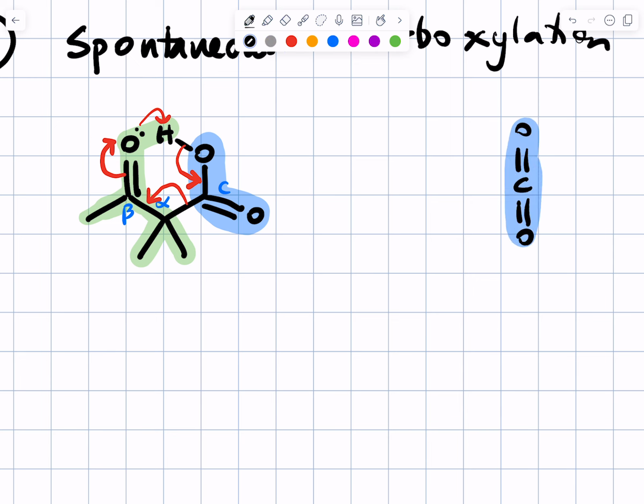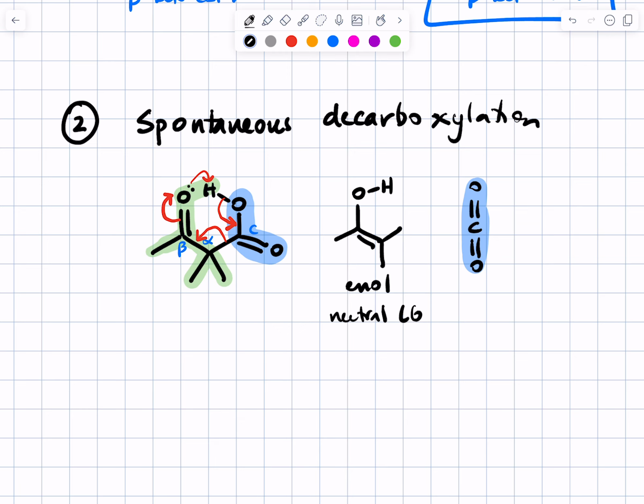And what gets kicked off and what's left behind on the other side is this enol, which is a neutral leaving group. So that's why this can happen: CO2 leaves and what's left behind is neutral.